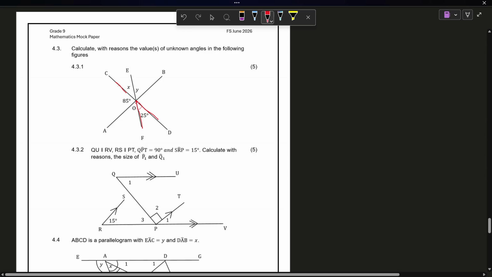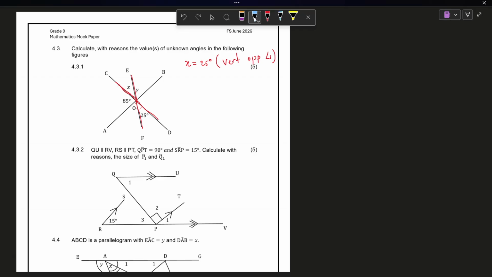It is equal to this one, right? So I can see that x is equal to 25 degrees. What's the reason? Well, vertically opposite angles. Right? Now, what about y?